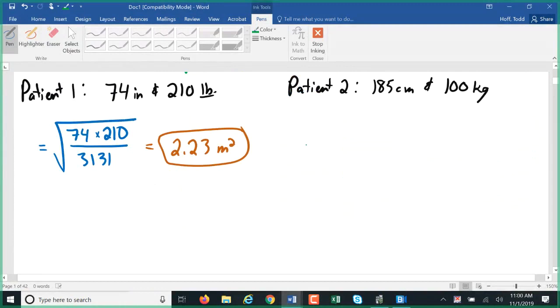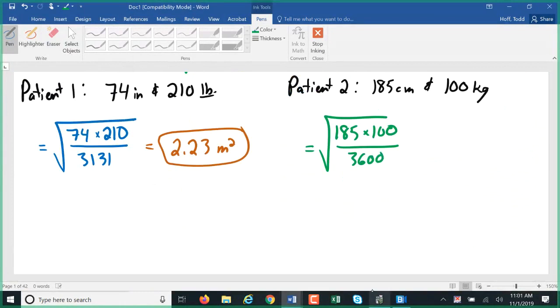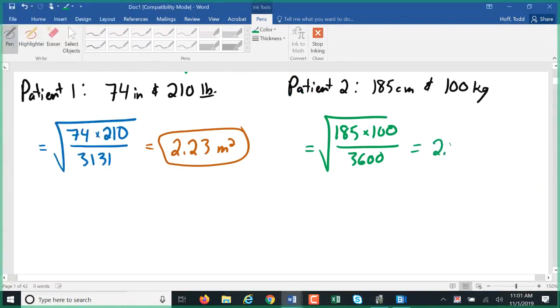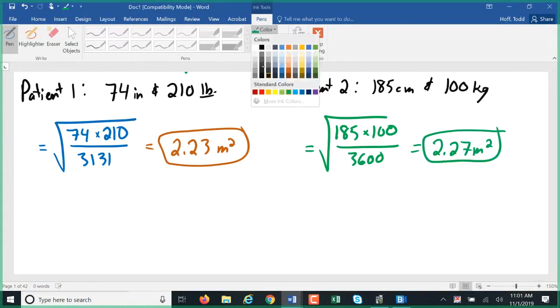Patient 2, these are both in metric units, so it'll be 185 times 100 divided by 3,600. That's 2.27. Any questions?